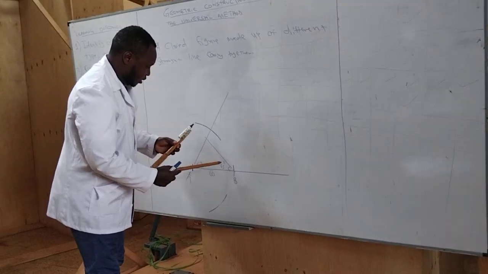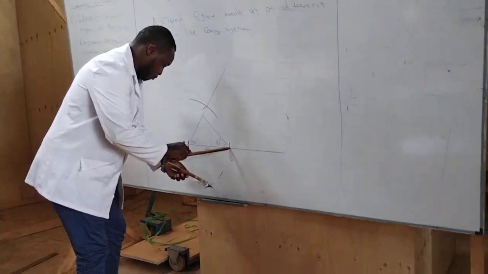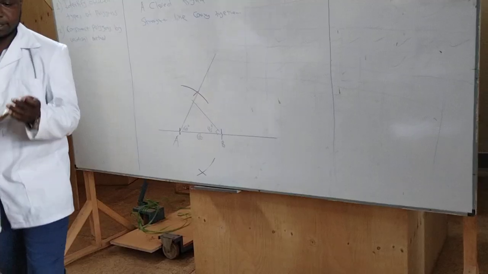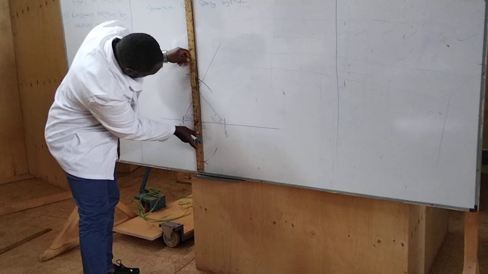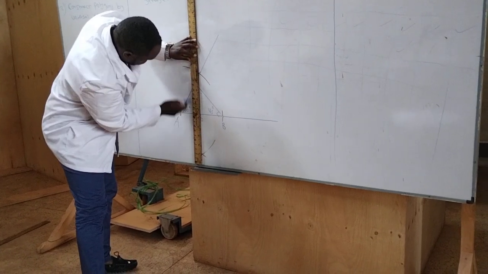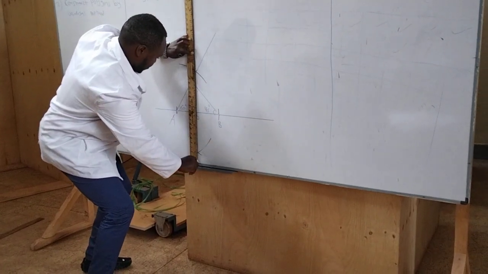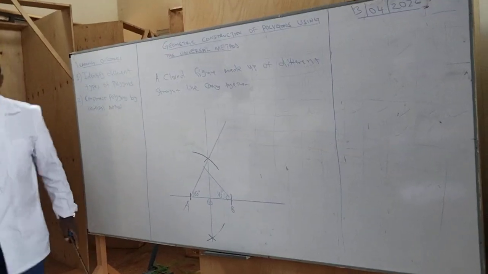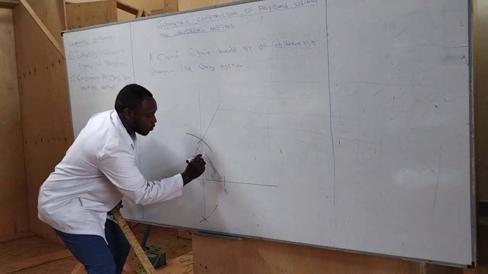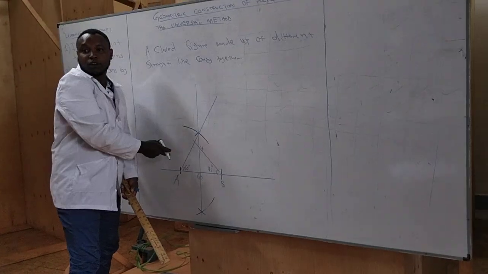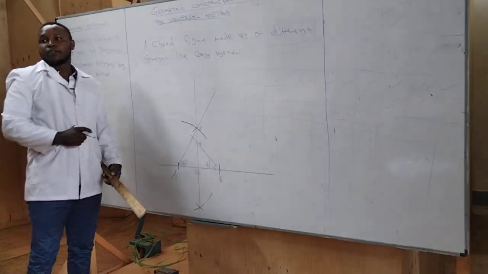Come to B. Mark an arc upwards, mark an arc downwards, and then you join the 2 points of intersection that way. Now, we have this point of intersection of the line of 45 degrees, you call it 4. For 45, you call it 4. For 60 degrees, we call it 6. Okay?